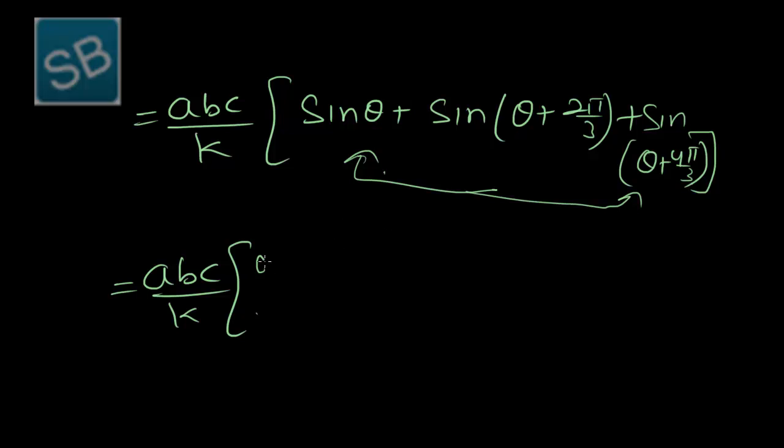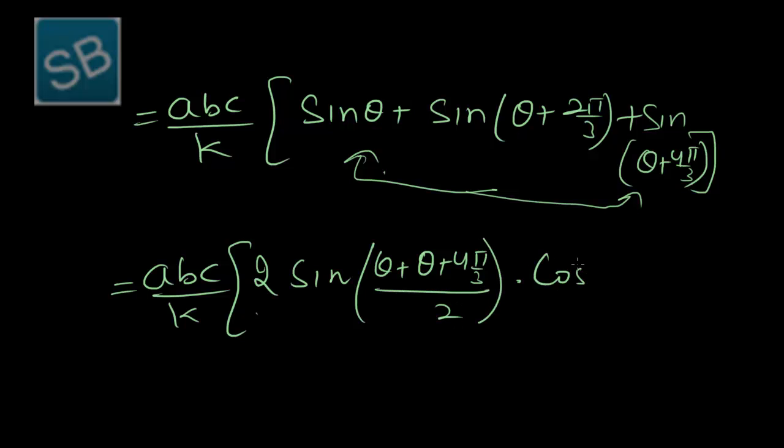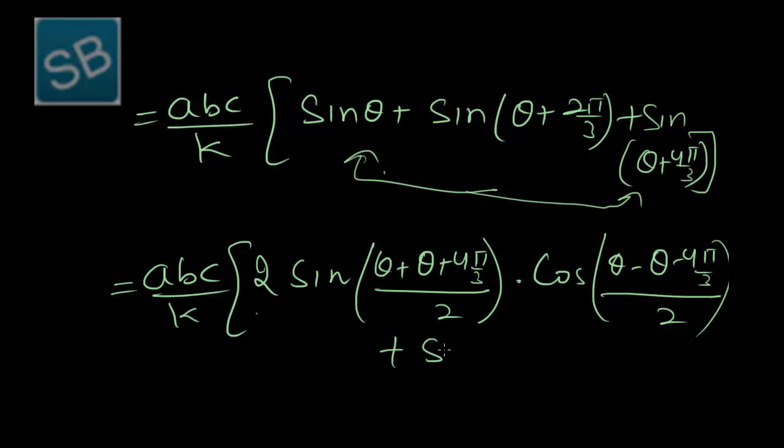So 2 sin of theta plus theta plus 4 pi over 3 over 2, into cos of theta minus theta plus 4 pi over 3 over 2, plus sin theta plus 2 pi over 3 as it is.